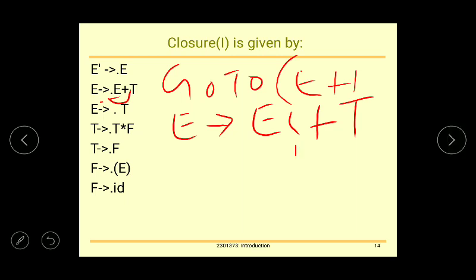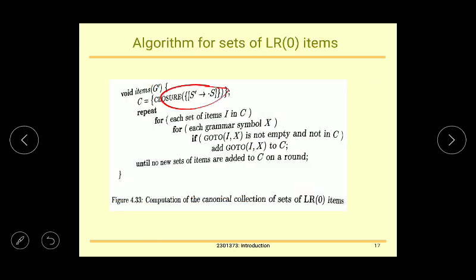In detail, let us study the algorithm. Closure has been found first. Then for each set of items I in C, for each grammar symbol X, find the goto. If goto of I comma X is not empty and not in C, then add it, until no new sets of items are added to C in a round.